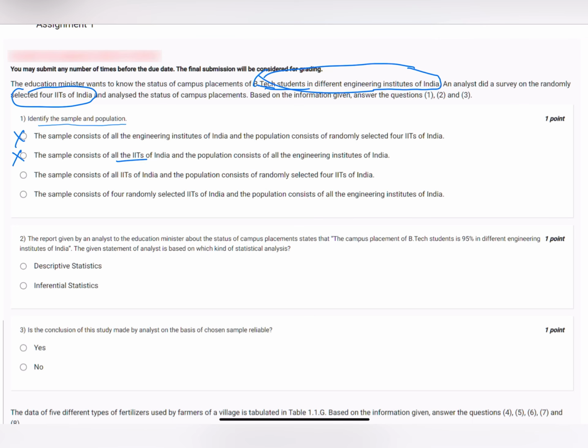The third part, the sample consists of all IITs of India and population consists of randomly selected 4 IITs of India. This is not the case. And finally, the fourth part, the sample consists of 4 randomly selected IITs of India and population consists of all the engineering institutes of India. So yes, this would be our answer. So answer for this would be the last part, D.